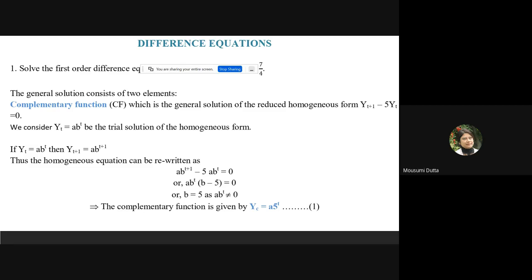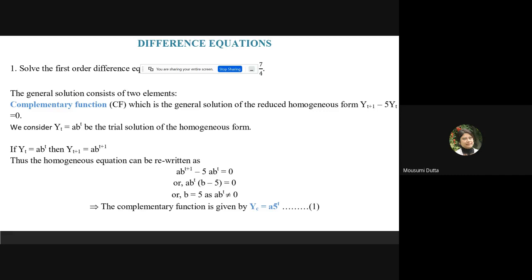Number two, this time is discrete in nature. Number three, we are considering one period lag in the time variable. So keeping these three concepts in our mind, we are trying to find out time path of any variable using the first order difference equation technique.